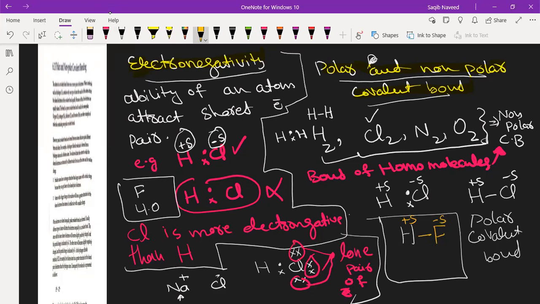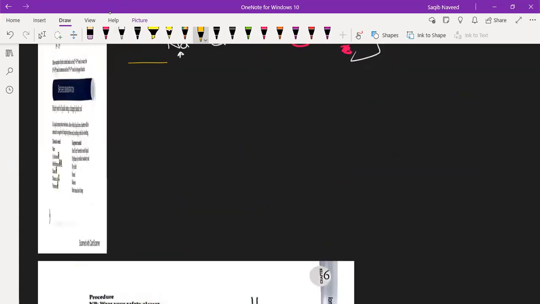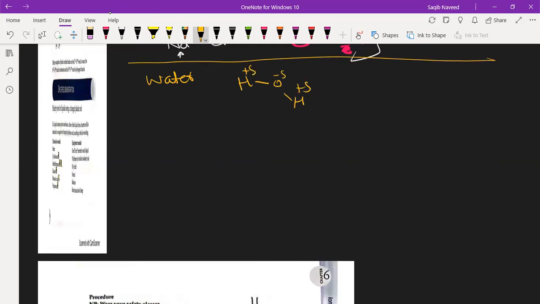Got it? For example, water. What about water? Water, H2O, is also polar. If water is polar, it means water will dissolve polar compounds.